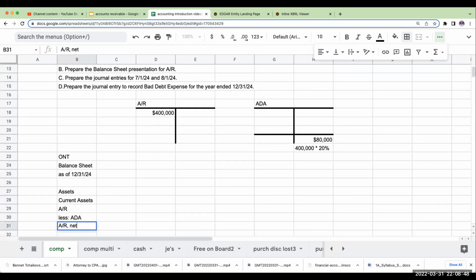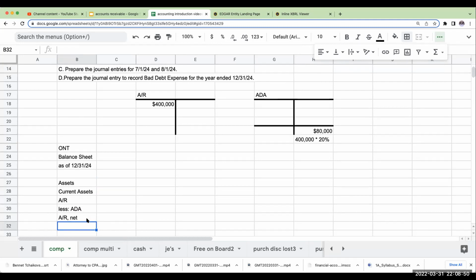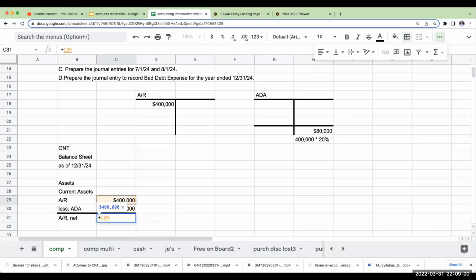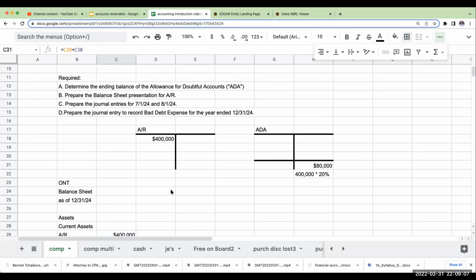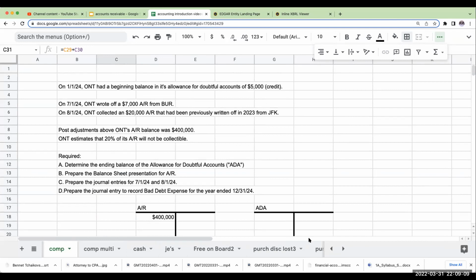This gives us accounts receivable, net. Here we've got our AR, which is 400,000, less our allowance for doubtful accounts, which is 80,000. So our accounts receivable, net, is going to be $320,000.